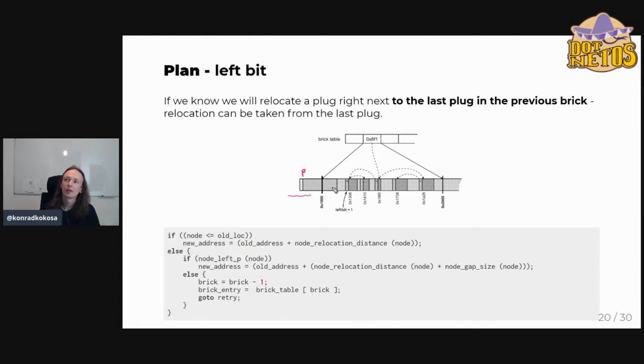And we would like to calculate, for example, the next address of an object that is here. So we have an object with this address, let's call it A, and we would like to know what is the future address of A. If you follow the previously described algorithm, we end up finding this plug as the closest one to A, but it is not the one that contains this address, because the real plug that contains this address has started in a previous brick.